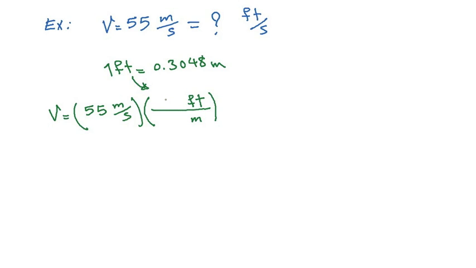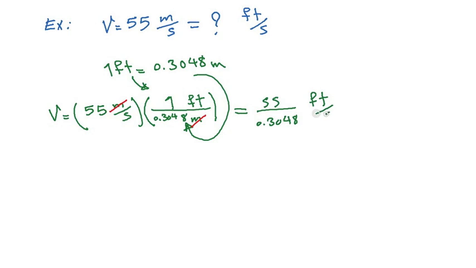So from here we enter 1 and, okay, these two cancel each other, and the result is 55 divided by 0.3048 feet per second, which is equal to 180.4 feet per second.